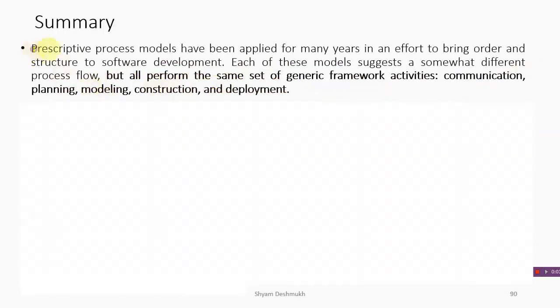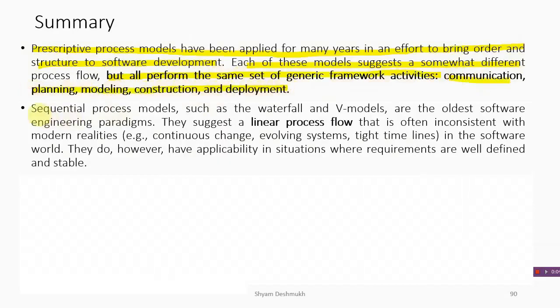To summarize, prescriptive process models have been applied for many years in an effort to bring order and structure to software development. Each of these models suggests a somewhat different process flow, but all perform the same set of generic framework activities, which are communication, planning, modeling, construction, and deployment.